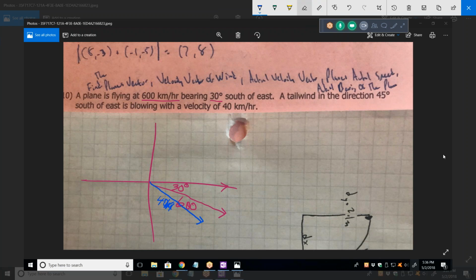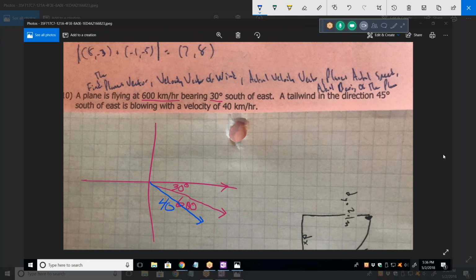Just say 40. Doesn't look like they're changing the units up on us here. We can kind of ignore the units for the moment. And the question is: find the velocity vector of the plane.